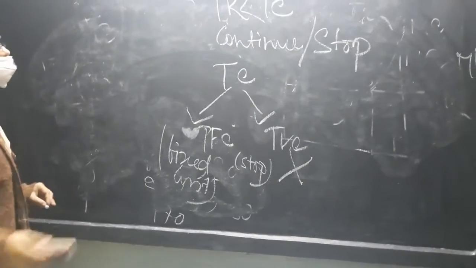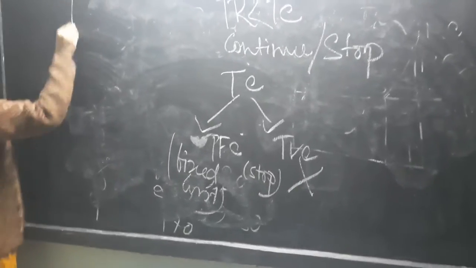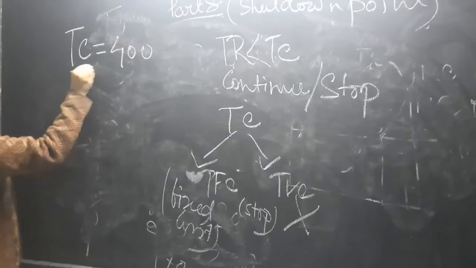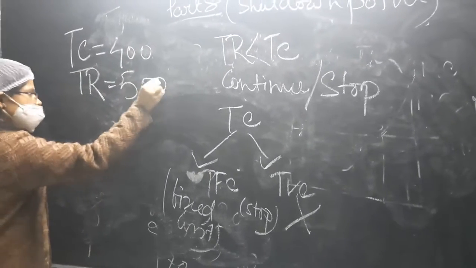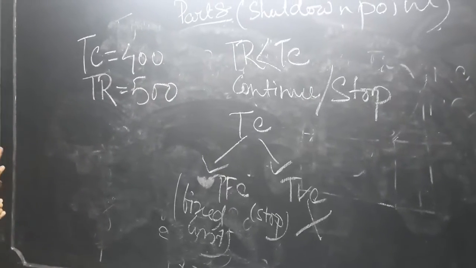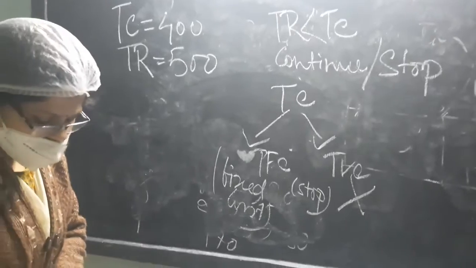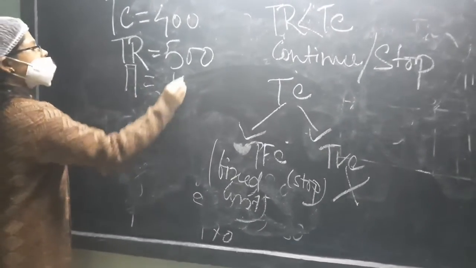See. Suppose the total cost of the firm is 400 and total revenue of the firm is 500. Now whether the firm will continue the production, the simple answer is, why not? The firm is earning a profit of rupees 100.